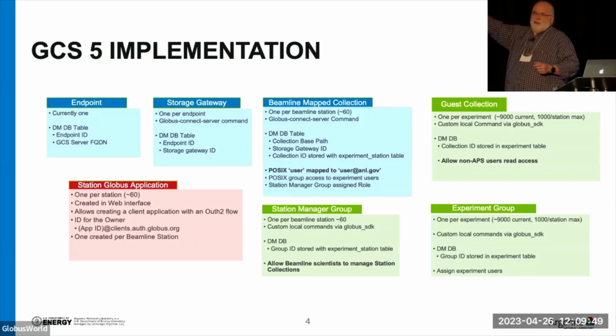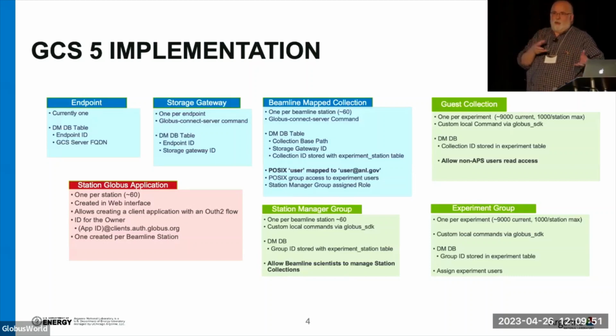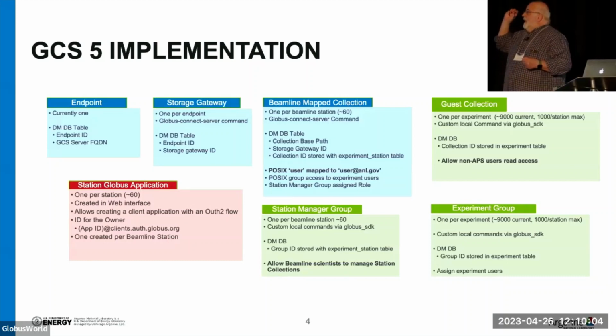The blue items here are more one-off creations. For those, we use the Globus Connect Server command to just go ahead and create the endpoint and our base level beamline map collections. The items in green are ones we're going to be dealing with a lot more day to day.